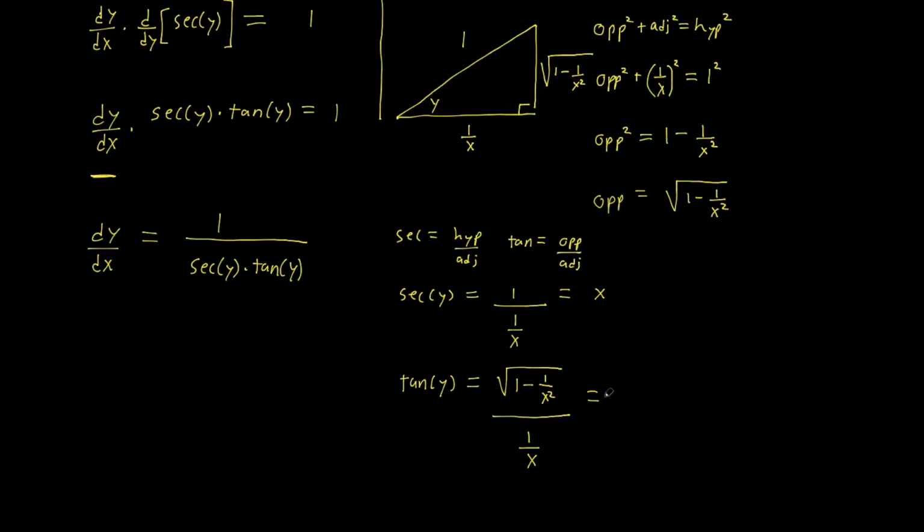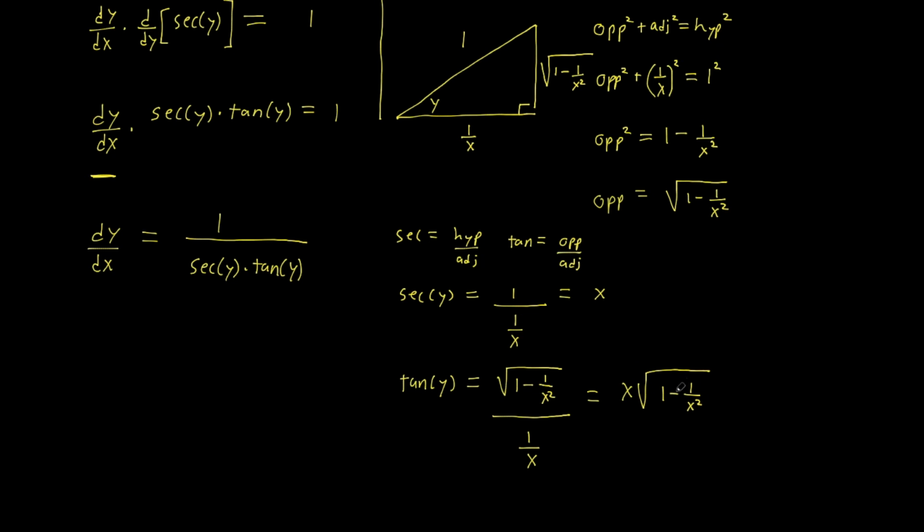And that's going to be equal to x times the square root of 1 minus 1 over x squared.